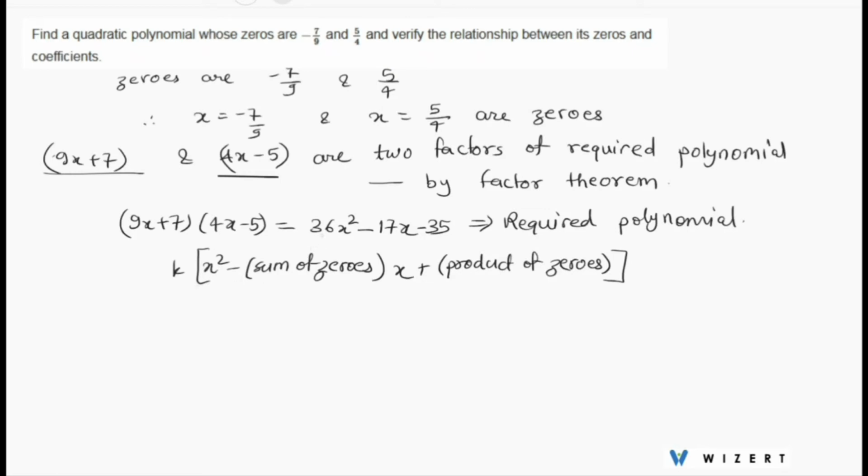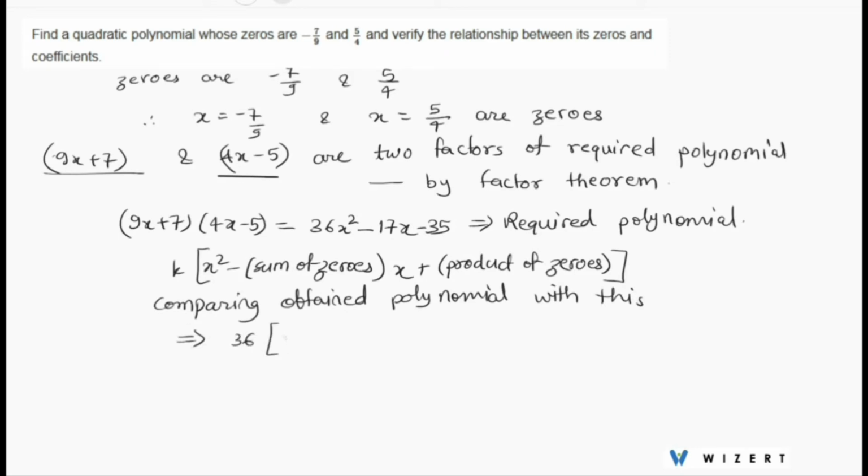So to get this polynomial in this form, comparing the obtained polynomial with this, we can write it as 36 multiplied by x square minus 17 by 36x minus 35 by 36. Okay, so now let's verify if the sum of the zeros is minus 17 by 36 and the product of zeros is minus 35 by 36.